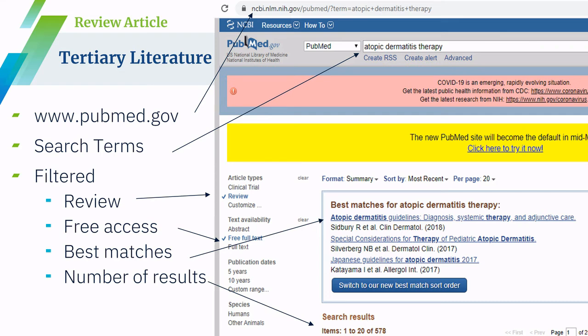If I was looking for atopic dermatitis therapy with reference to a given drug, I could use it in the search terms. Or if we were looking for atopic dermatitis therapy in a particular age population, we could use terms like adults, pediatrics, geriatrics, etc.